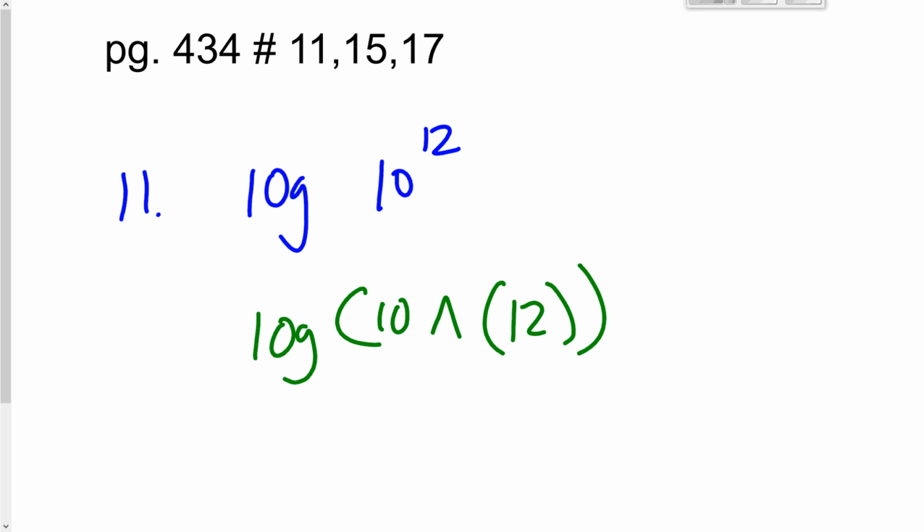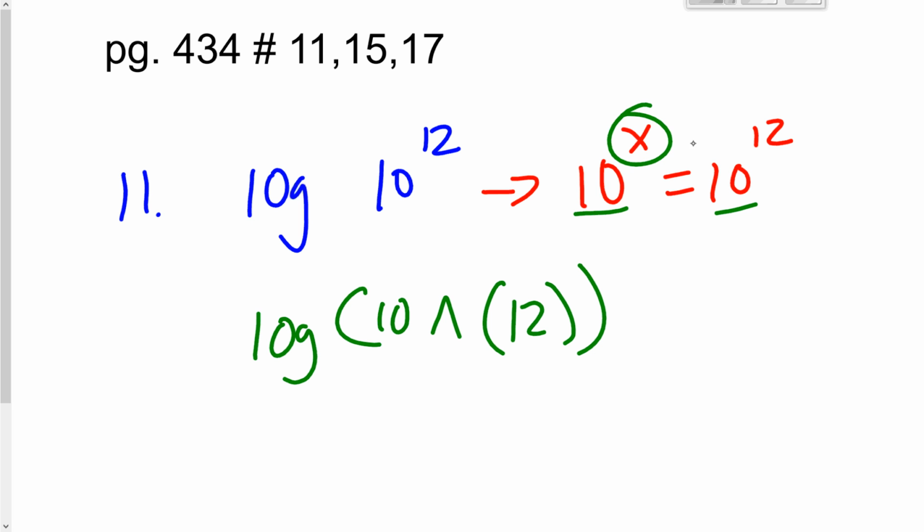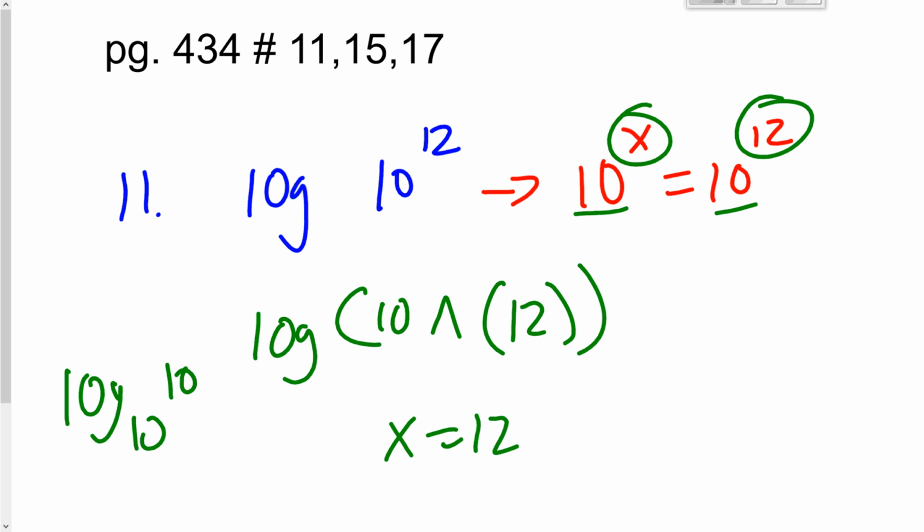If I put it in exponential form, it's the same as asking 10 raised to what is 10 to the 12th. Notice that my bases are the same, so I'm just asking what my exponents need to be. So the answer would be 12. Another way to see it: when I take a log of the base to that same number, doesn't this always equal 1?